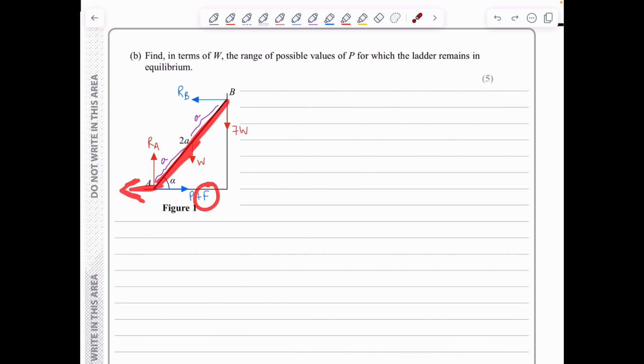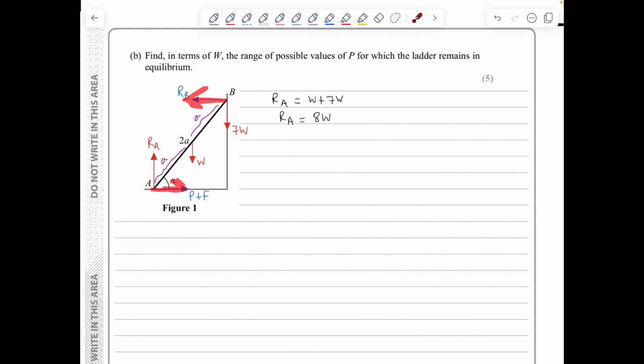I can equate the upward with the downward forces, and I get that RA is equal to W plus 7W, so RA is equal to 8W. We can now turn our attention to the horizontal forces. For the ladder to remain in equilibrium, the forces to the left must be equal to the forces to the right.